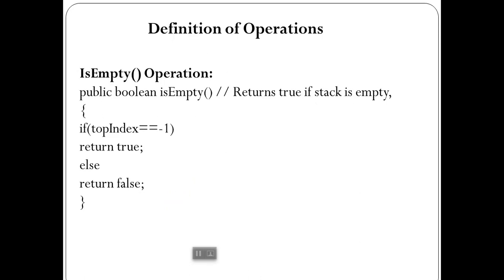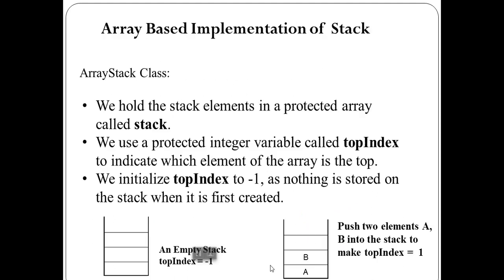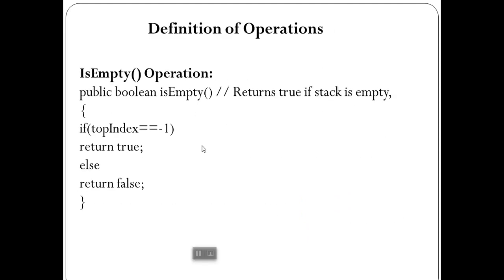Another operation that we have seen is the is empty operation. This method tells you whether the stack is empty or not. The return type is boolean, and it will return true or false. If the stack is empty, it will return true. If it is not, it will return false. How can you identify that the stack is empty?